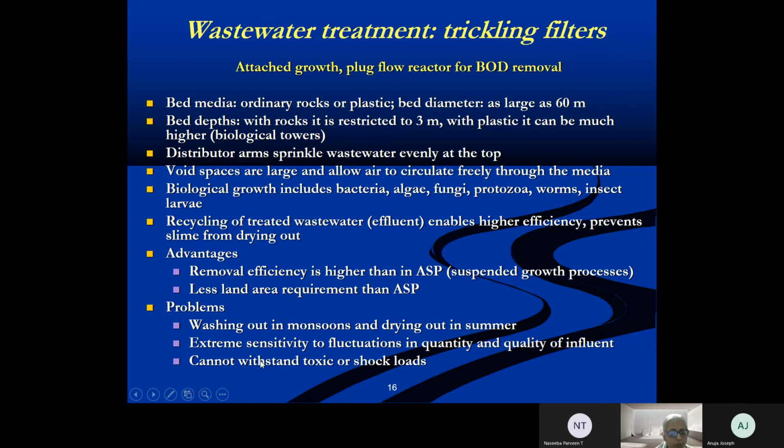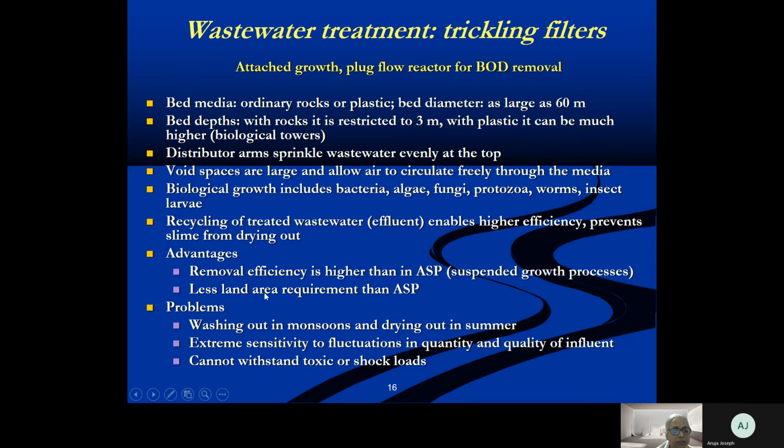What are the problems? There are several problems that make it unpopular. The first thing you should know is that when a process is more efficient, it's also more sensitive to fluctuations. So if you design it for a particular flow rate and a particular organic loading, any fluctuation in the flow rate or the organic loading means there will be problems in the output.